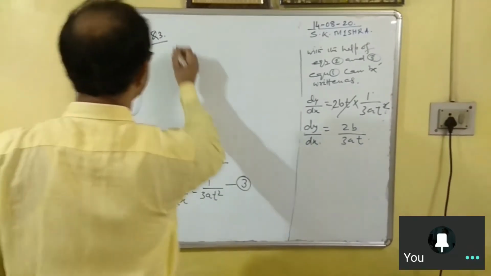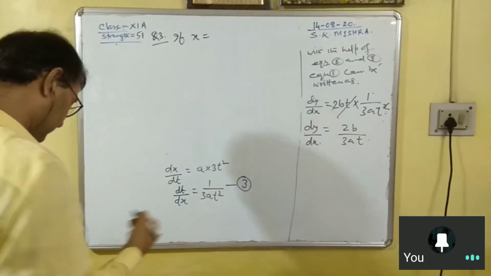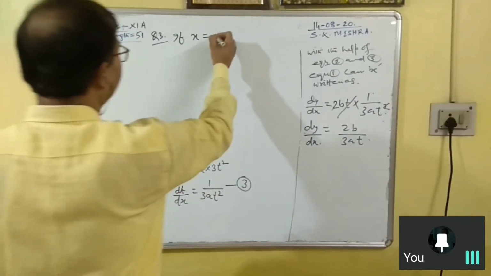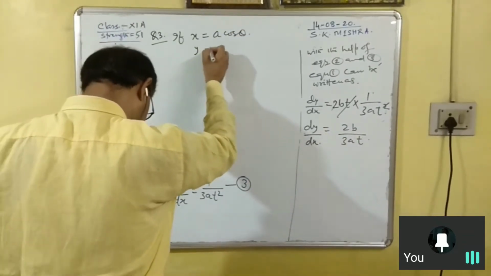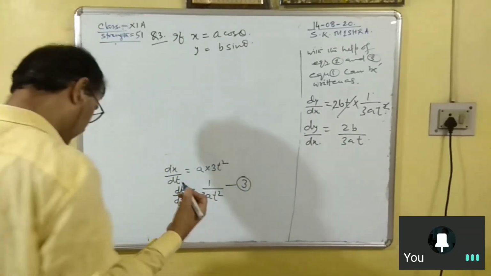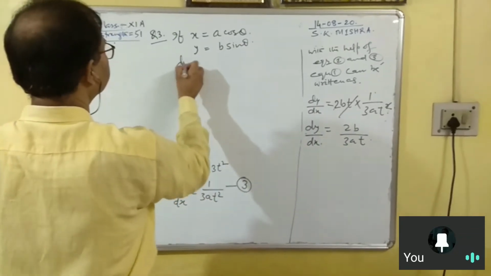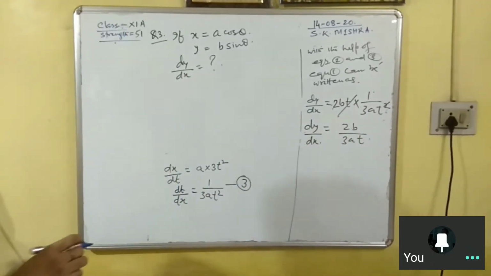Okay, then it is fine. It's a good example. So x is equal to a cos theta and then y equals to b sin theta. Now I need to find dy by dx. So it is easy.